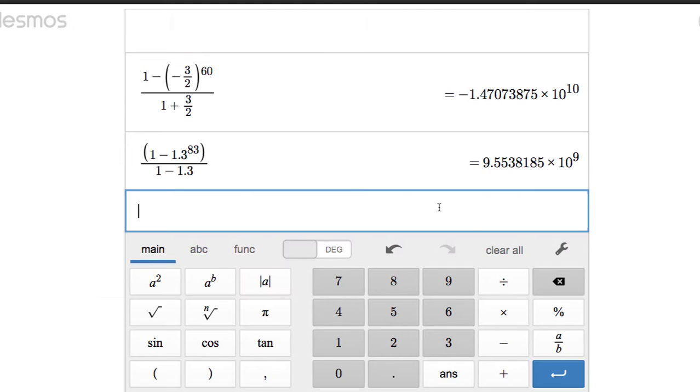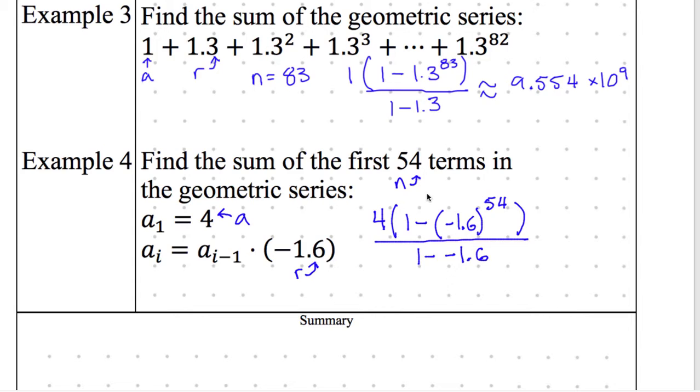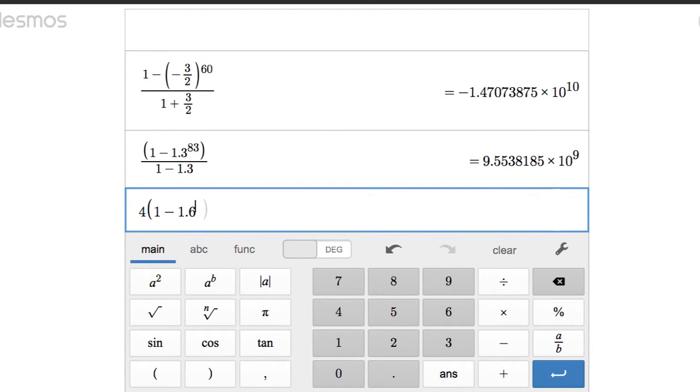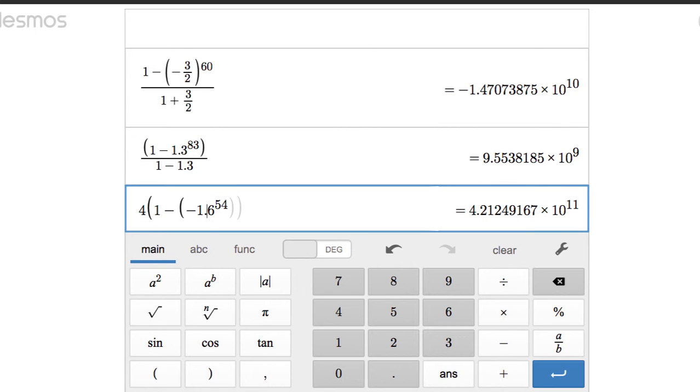I'm going to start entering this into my calculator. So I do have a 4 out front now. What's my ratio? Oh, I already messed up.